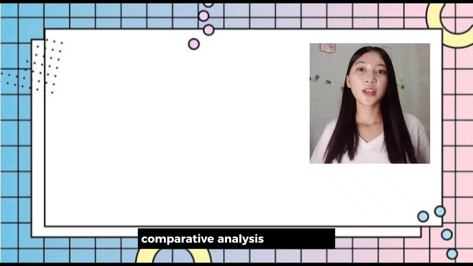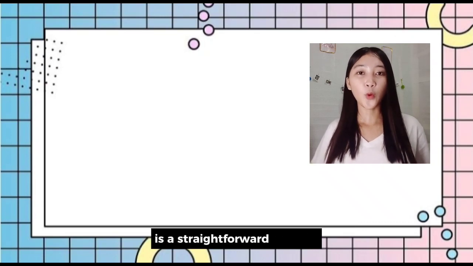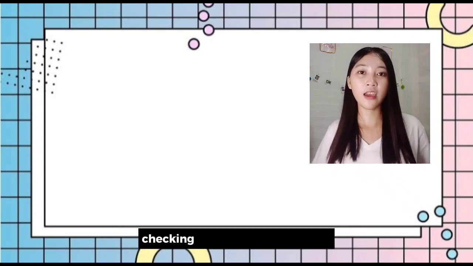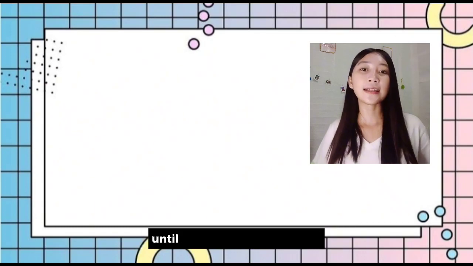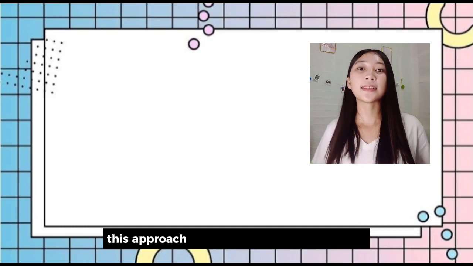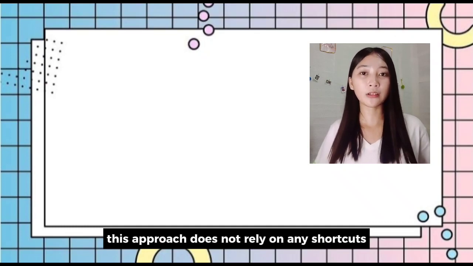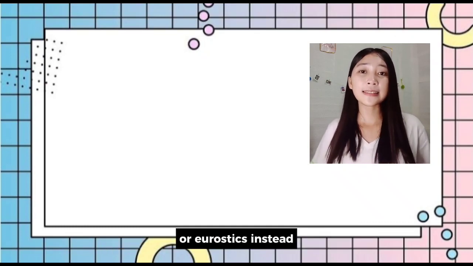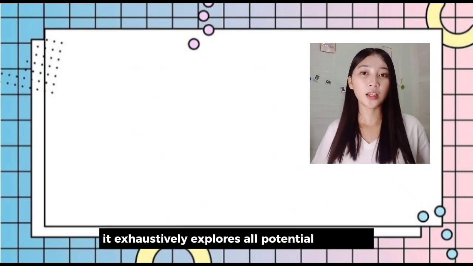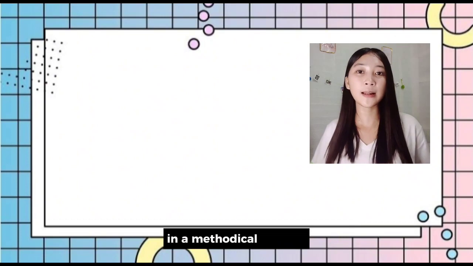Comparative analysis. Brute force is a straightforward method used in algorithmic problem solving that involves systematically checking every possible solution until the correct one is found. This approach does not rely on any shortcuts or heuristics. Instead, it exhaustively explores all potential solutions in a methodical manner.